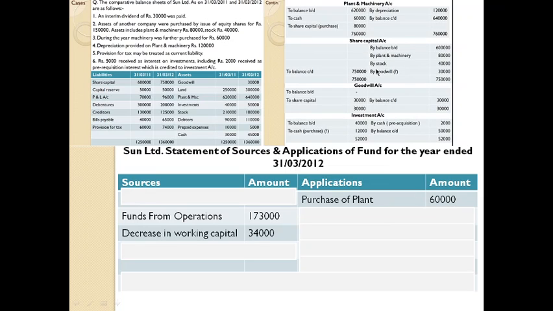Next one, share capital. Here, if you look closely, you can see that there is no cash or bank, but there is one thing, stock. In the previous slides, we have discussed the theoretical part: what transactions can be considered as transactions that affect the flow of funds.